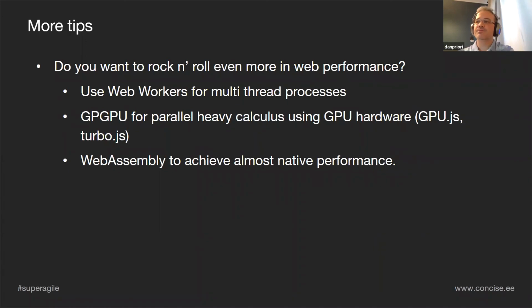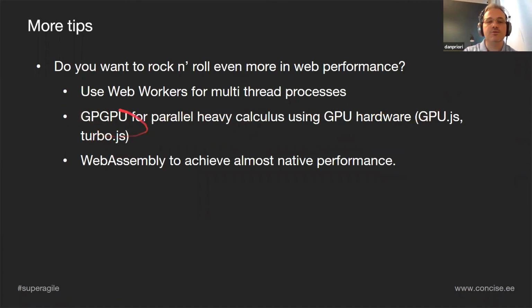More tips here. If you want to rock and roll even more with web performance, I strongly recommend you take a look at web workers for multi-threaded processing. I also recommend using the GPU for parallel calculations using GPU hardware. We have some frameworks for this kind of thing, called GPU.js and Turbo.js.